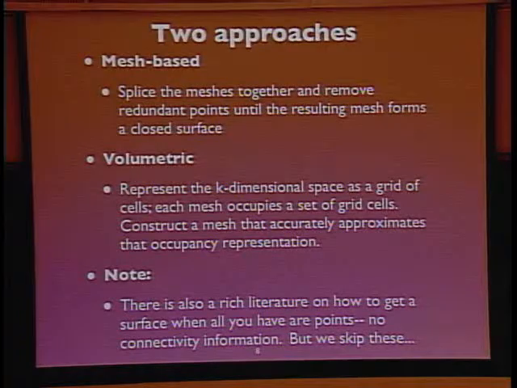So the thing that you get off of the scanner is not a 3D point set, but actually a mesh. But there are some sensors that just give you a so-called point cloud with no sense of how the points are adjacent to each other. For those, there's a rich literature on how to go from a completely unorganized set of points to a surface, but we're not going to talk about those in this class because I don't have time.